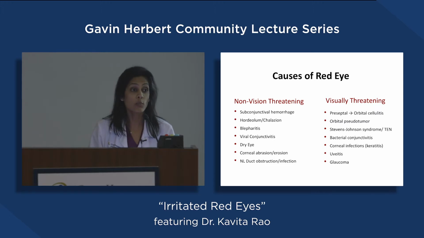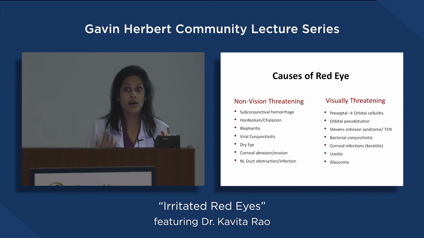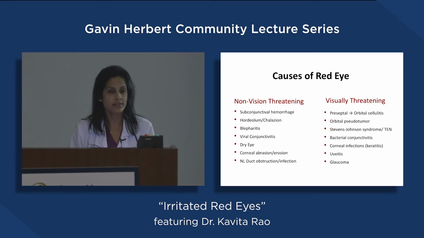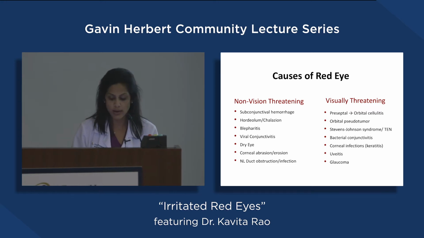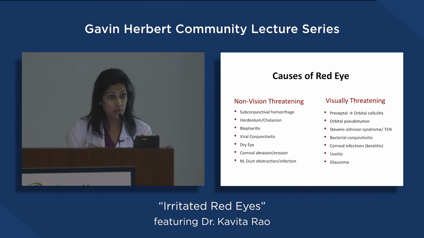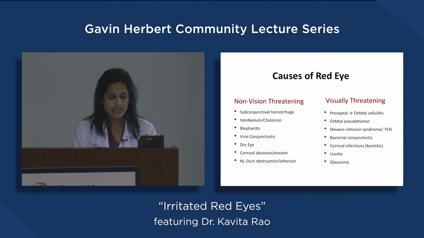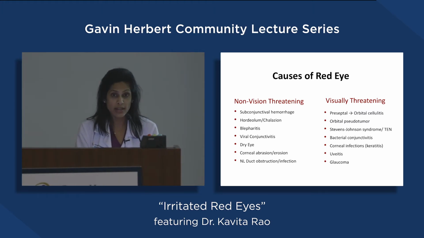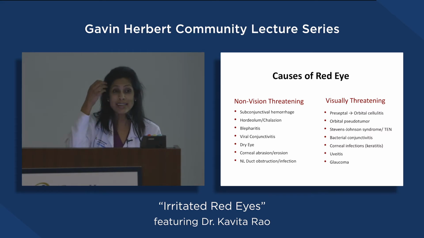So some things that are more concerning, that we want to follow you guys very closely for, something called cellulitis, or an infection of the skin around the eyelids. Sometimes this is called a preseptal cellulitis, where it's more superficial, but sometimes the infection can spread into where the eye sits, and then we call it orbital cellulitis, which is very concerning.